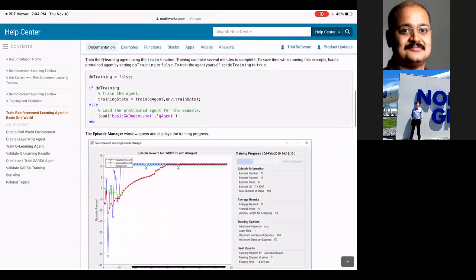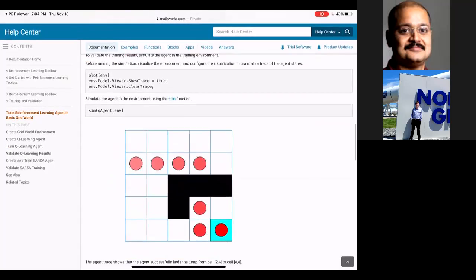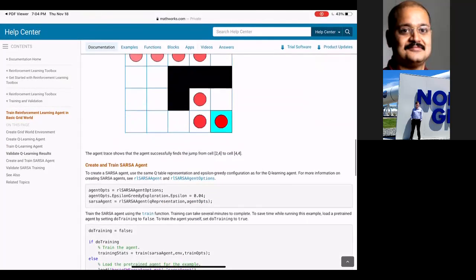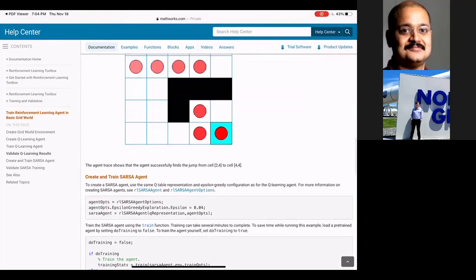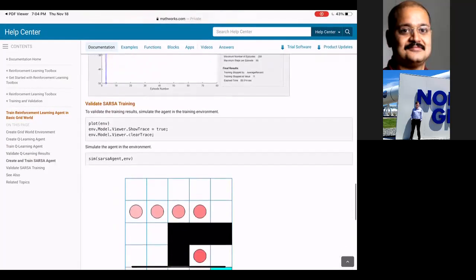Then you can see that after a few iterations, the reinforcement learning would converge. At the end, you would notice that the ball is able to know in what direction to go, when to jump, and how to get to the final destination. And you can also do it with a SARSA agent. So please take a look at these 2 examples in MATLAB.